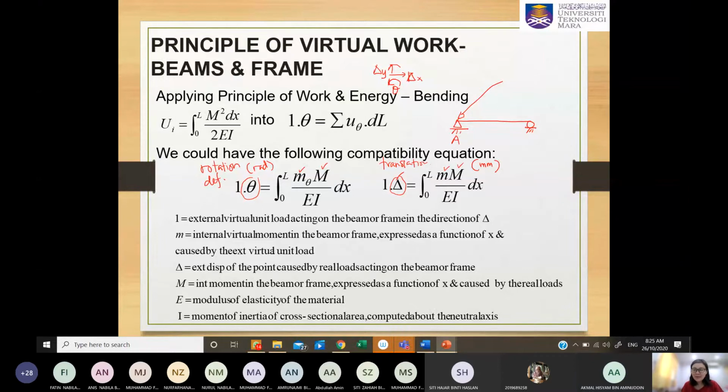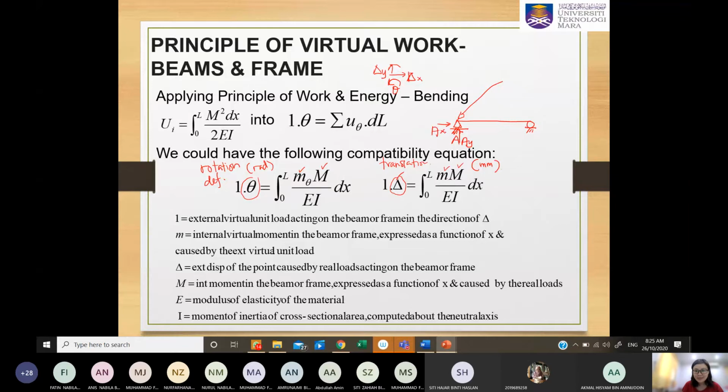Again, maybe I will help with this pin at A. My question is, at A it has been restrained in terms of X and Y direction. If you look at these supports, we have AY and AX.